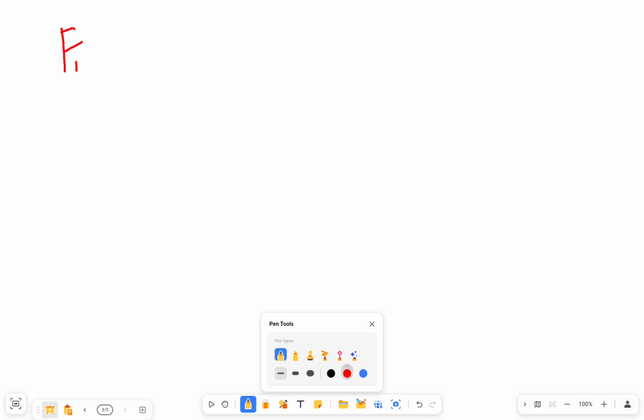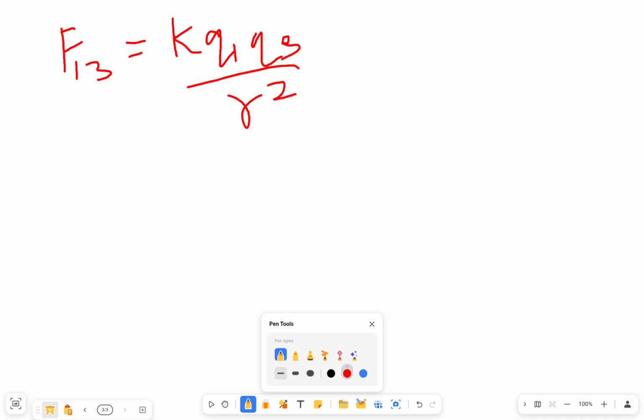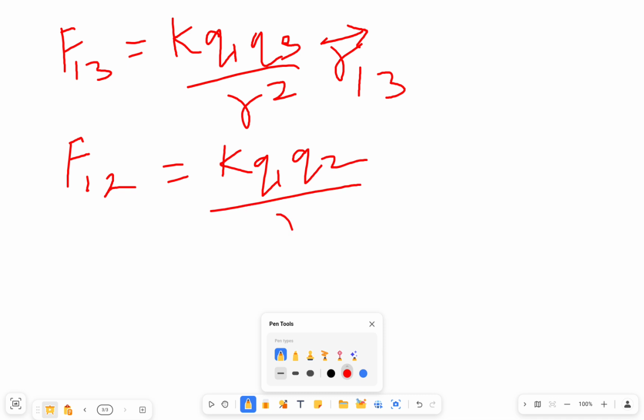So the force acting on charge Q1 due to charge Q3 will be obviously K into Q1 into Q3 by R square, and the direction of this force will be directed from the third charge to the first charge. The force on charge Q1 due to Q2 will be K of Q1 into Q2 by R square, and the direction of this force will be directed towards the charge Q1 from Q2.